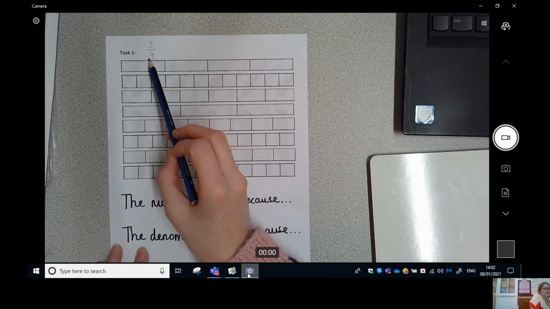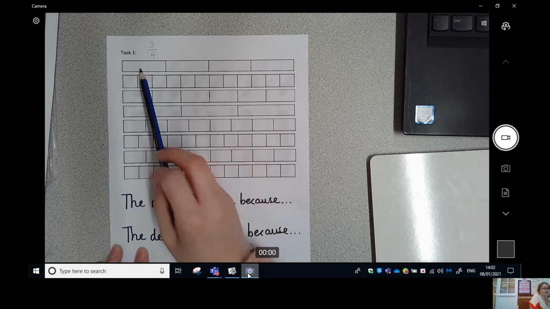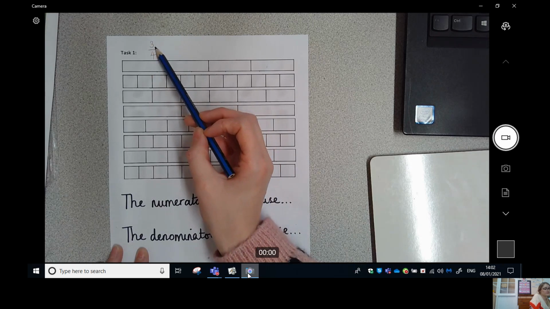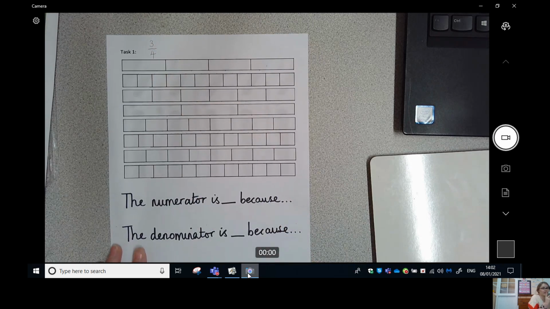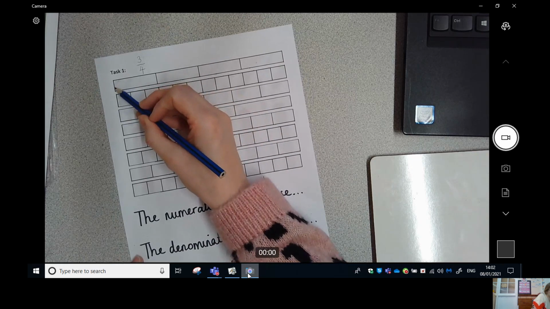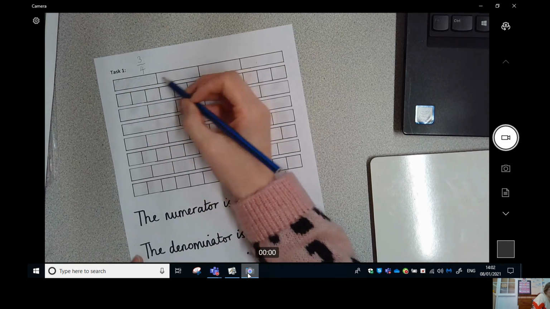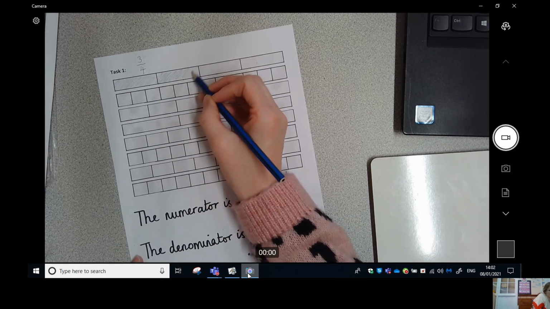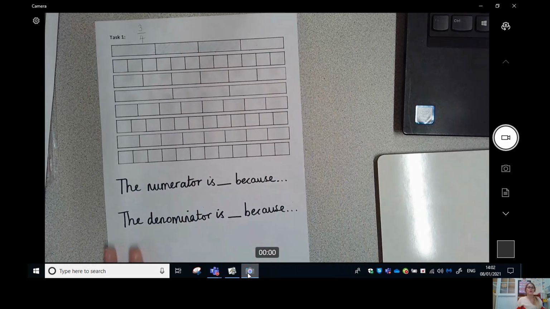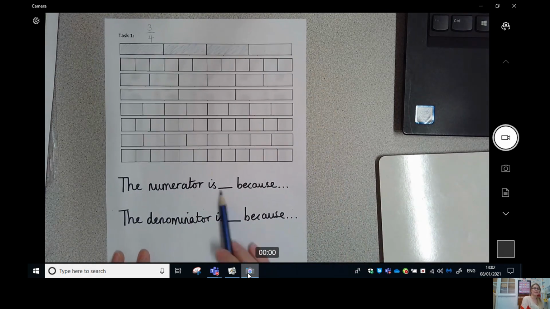So that part is telling me that the denominator is telling me how many parts there are, and the numerator, remember, is telling me how many I need to shade. So there are 3 that I need to shade. So I'm going to do 1, 2, 3. So now I want to think about my sentences.